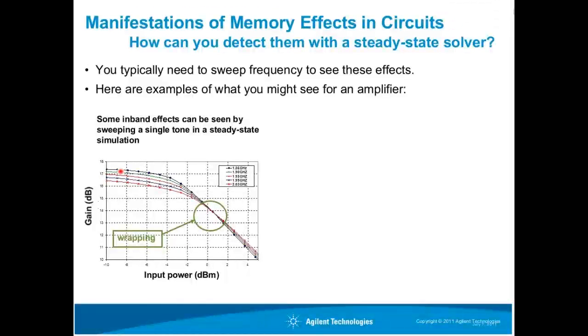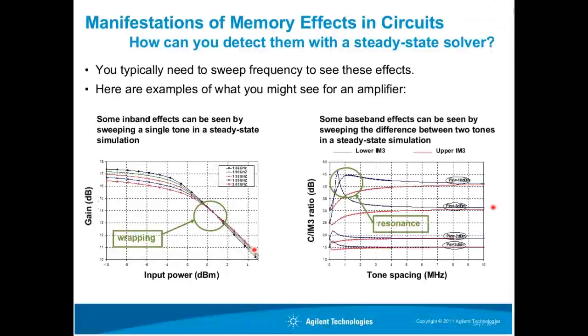And you can see with this particular circuit, as it compresses, the gain drops off much faster for the low frequencies and slower for the higher frequencies. And to capture that effect, you have to sweep your one tone through the band, and you also have to sweep power at each of the frequencies.